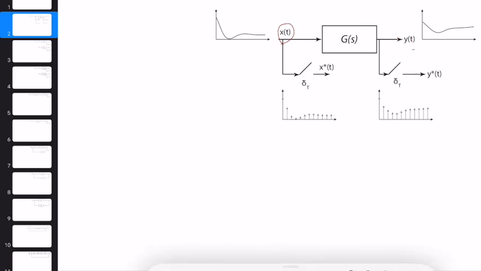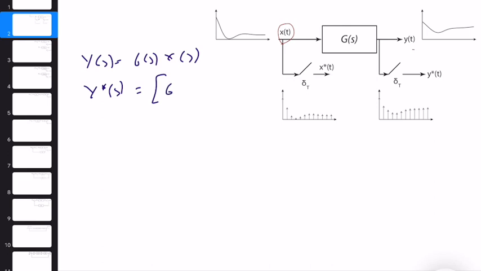So y of s is equal to g of s, x of s. This is nice. So I want to obtain y star of s, which is equal to g of s, x of s, star. But as you can see, there is no star here, no star here.